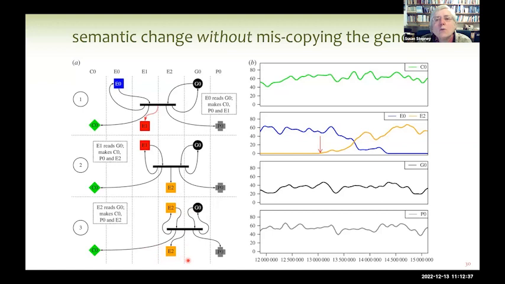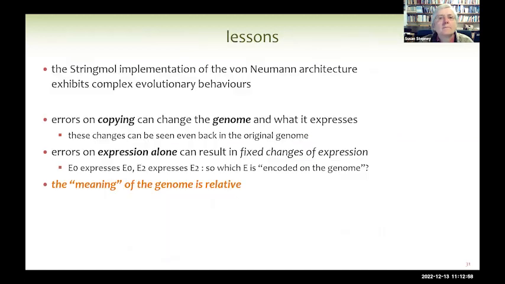And so with no error in copying the genome at all, we have changed the expressor from E0 to E2. The only error there is on expression and not on copying the genome. So there's quite complex evolutionary activity happening here.